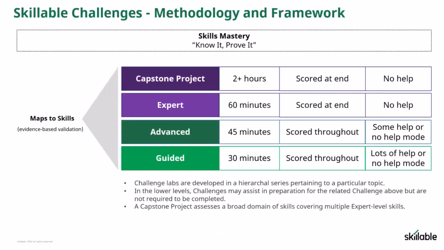Along with feedback and the challenges themselves, we also have different levels of the challenges available: guided, advanced, and expert, and soon to be capstone. Those come with varying lengths, varying complexity and tasks, and whether we provide hints, meaning lots of guidance or a little bit of guidance, in addition to feedback along the way.